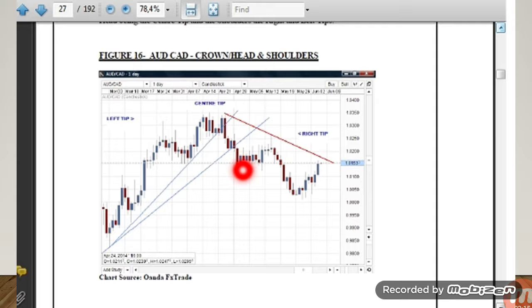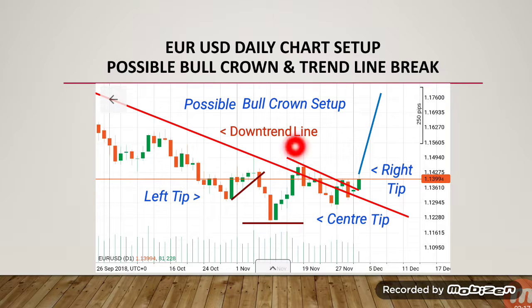So as you can see here in this case, this is a downtrend line, and the U-turn that started here created the center tip and has broken out above this downtrend line, even though somewhat briefly, not that convincing as yet, but it is starting to break this downtrend line that has been formed along the way.